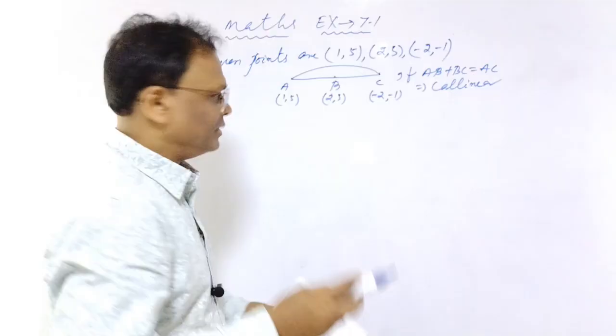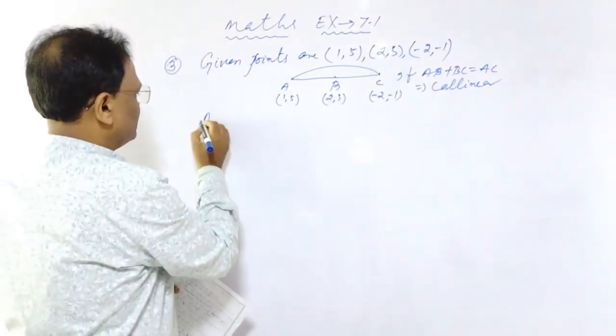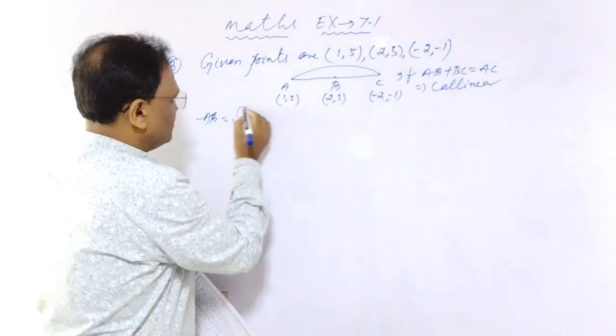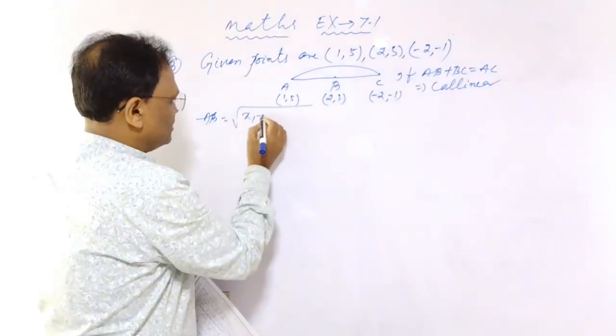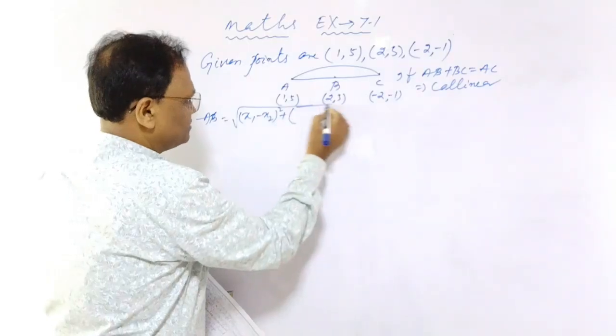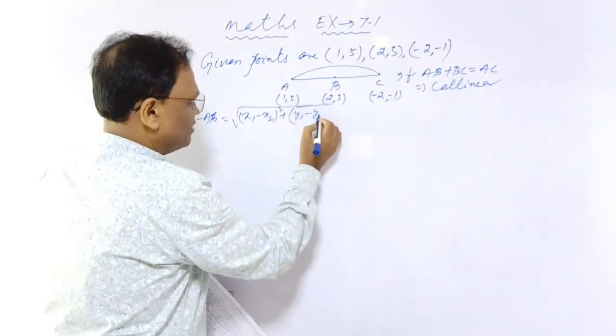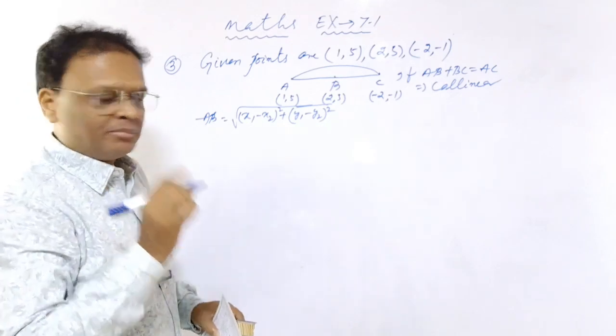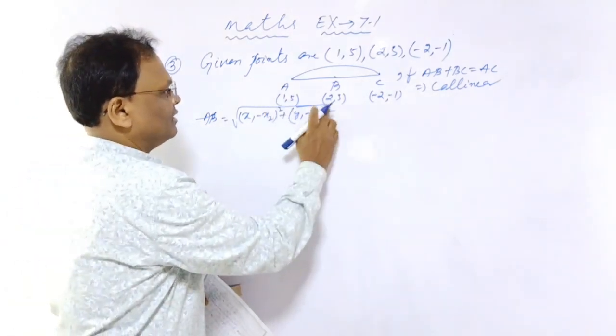So let's first find AB. If I want to find AB, I must use the distance formula only. AB is equal to root of x1 minus x2 whole square plus y1 minus y2 whole square. The points I am taking are A and B, so x1, y1, x2, y2.